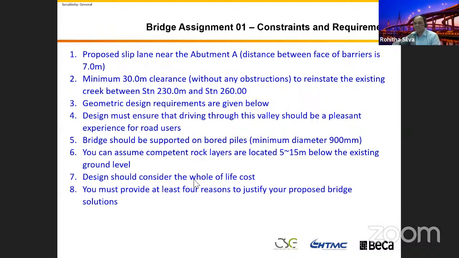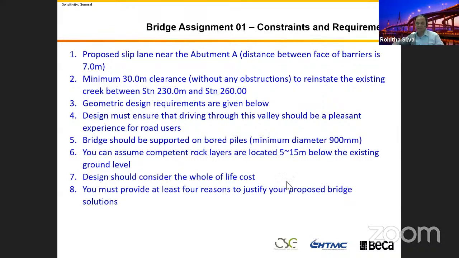The design should consider the whole of life cost. What is whole of life cost? It is not the cheapest bridge. From the design to the construction to the maintenance to the dismantling or decommissioning of the structure, it is the overall cost and the purpose, the value for money. You build the bridge, and one year later it is a bumpy road, bang, bang, bang all the time you are driving.